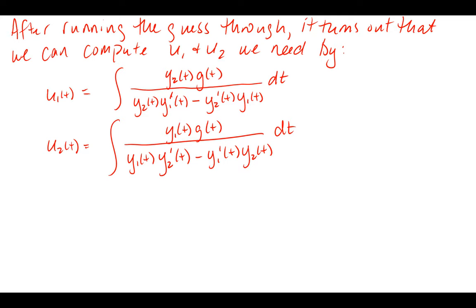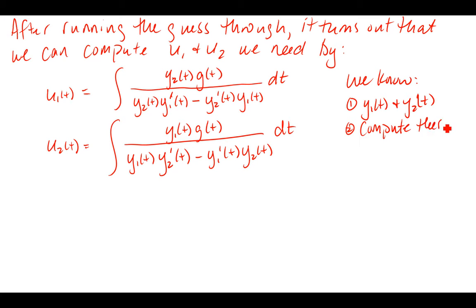Now, who's in this integral or these integrals that we're looking at? First of all, remember, we already know all the pieces. We know y1 and y2. Those are the two homogeneous solutions. You can certainly compute their derivatives, because we're going to need those evidently.